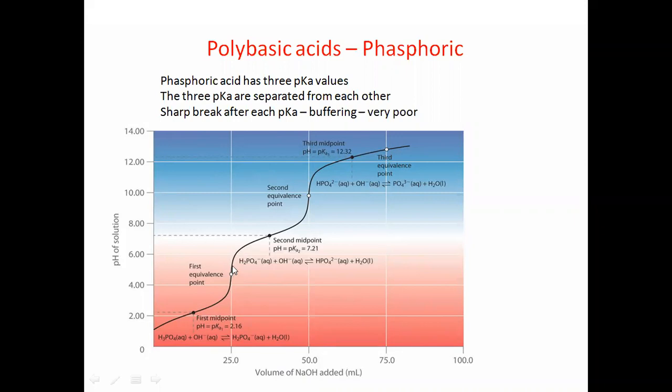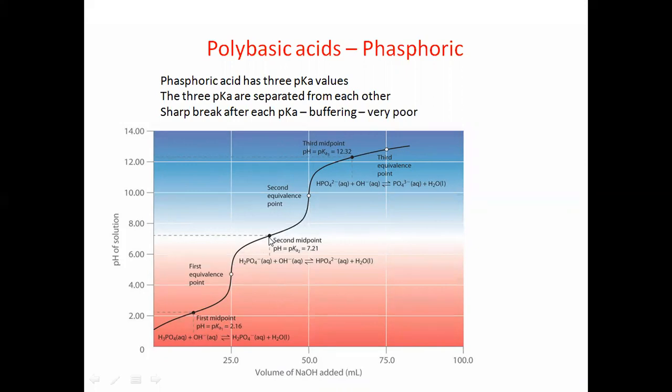This is the first equivalence point. This is the half equivalence point, where the pH is equal to pKa. And there is a second equivalence point here. And in between, there is a flat zone, as we have discussed earlier.